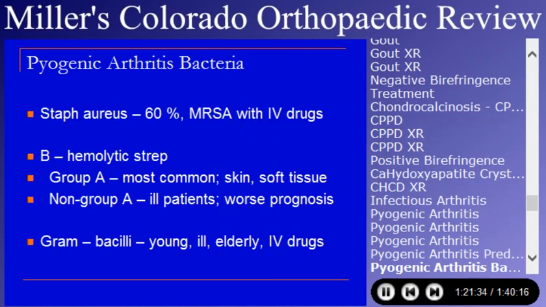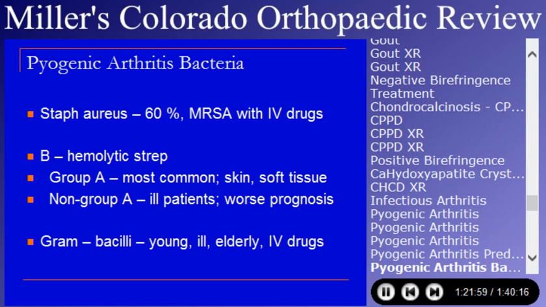Staph aureus is the most common bug. Often see methicillin-resistant staph with IV drug abusers. Any organism basically can do it. Think about Pasteurella in cats and dogs. Haemophilus, not so much with immunization anymore, but in young children.